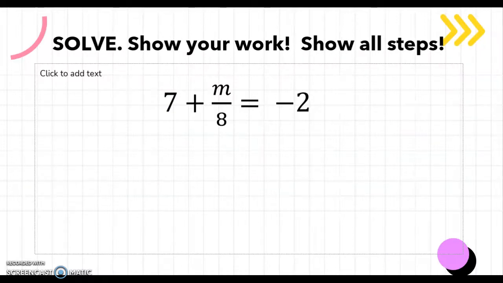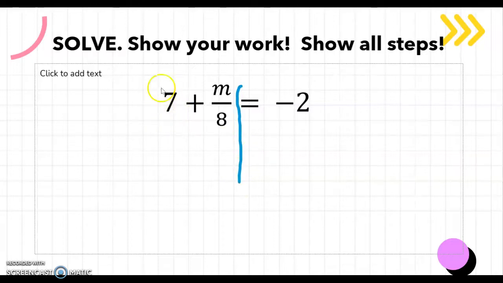Press pause, and then you can unpause it and see the correct answer. Okay, I'm going to go ahead and work it through. Let's go ahead and look at this equation. First of all, we have m divided by 8, and we want to handle that last. When we solve it, we want to deal with this constant 7 first.